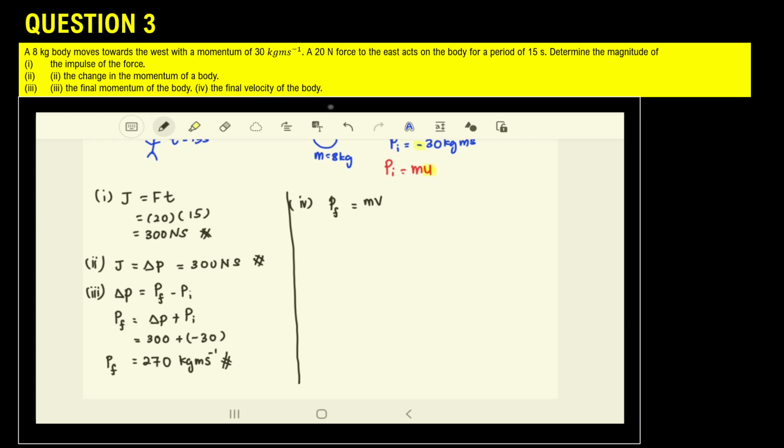So v is equal to P final over m. So it's 270 over 8, and the final velocity is equal to 33.75 meter per second. Okay, so we have finished question number 3.